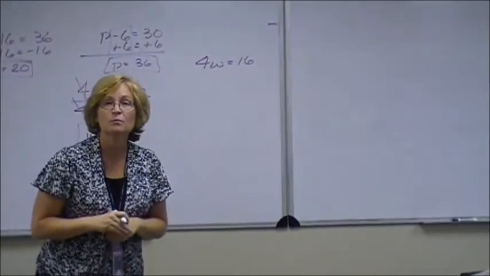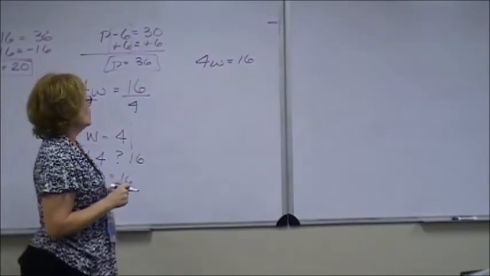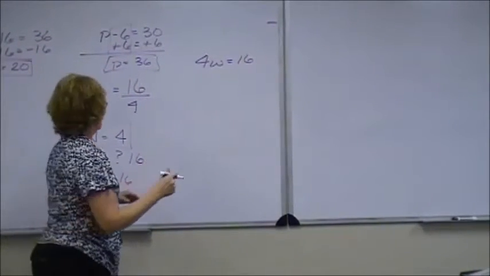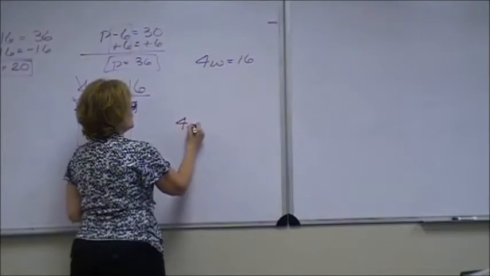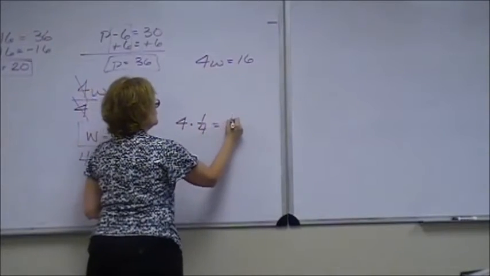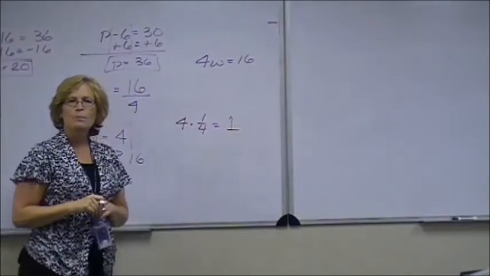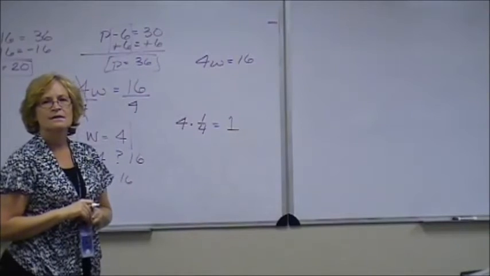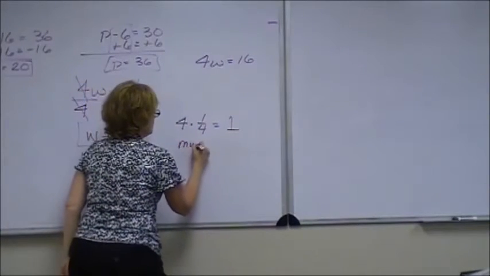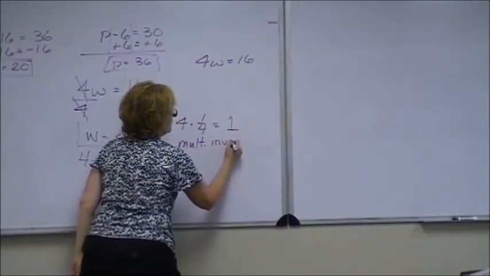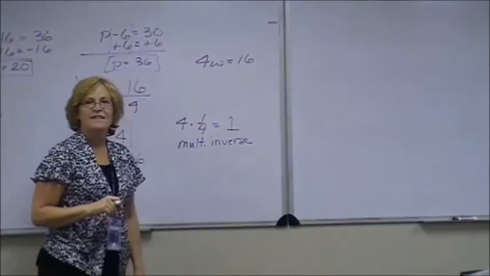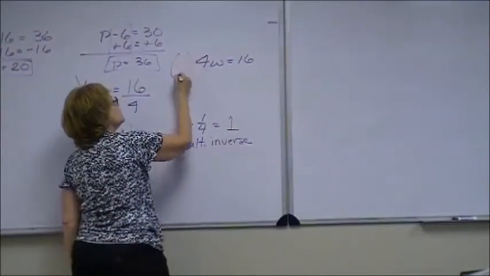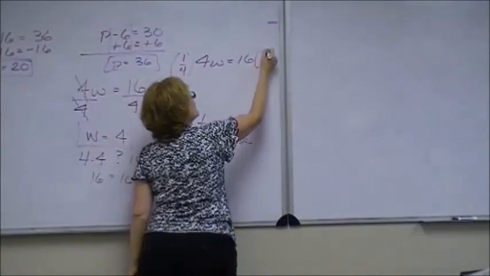It has to be the reciprocal. Oh, so what property is it that says 4 times its reciprocal is equal to 1? What property is that? That is the multiplicative inverse. So therefore, I really multiplied through by 1/4.